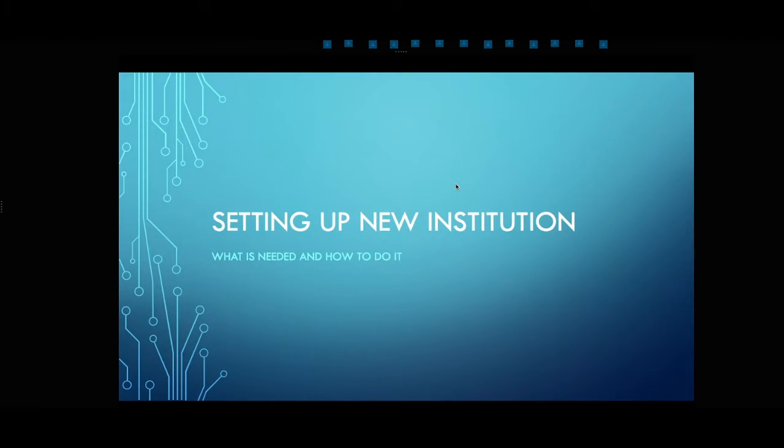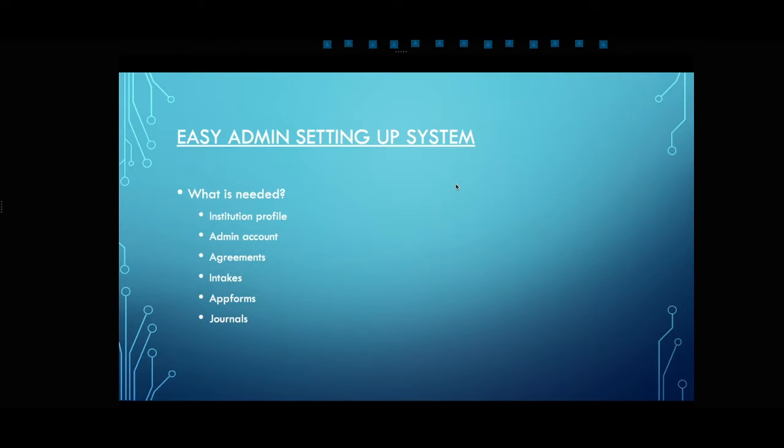So this quick presentation, Sarah has the slides, so you can have these yourself for future reference. I just want to give you a brief overview on how to go about setting up a new institution, for those of you who are brand new. In our system, what is needed for this mobility management that you will be using EZ for?